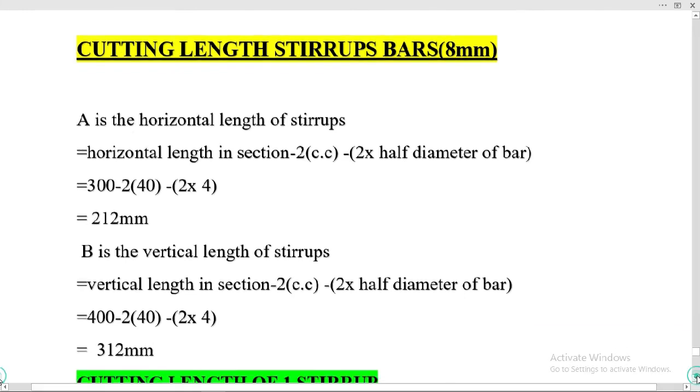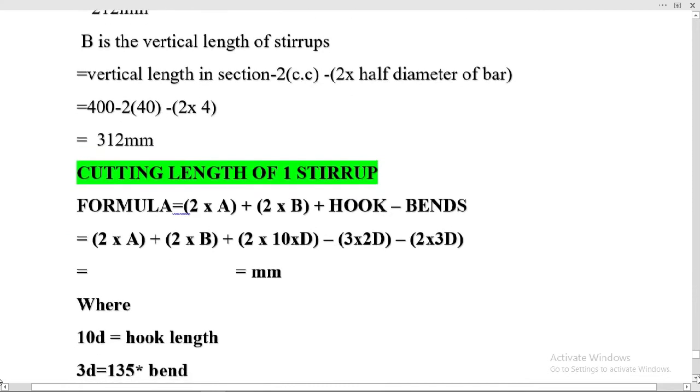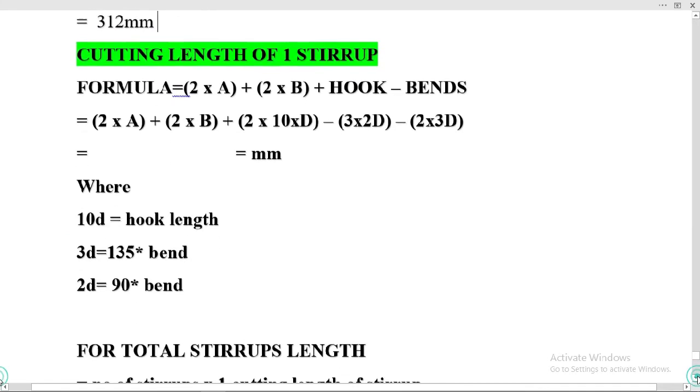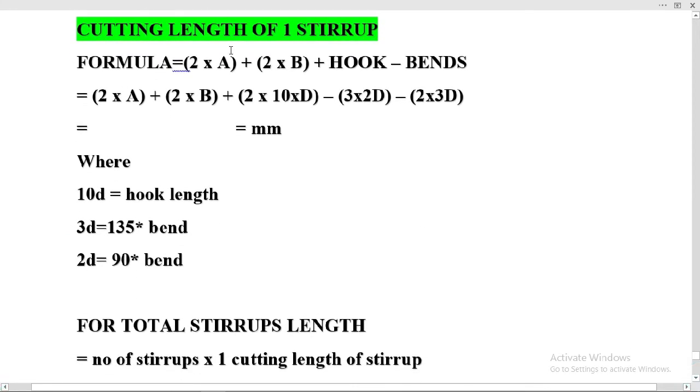We just calculated the horizontal length and vertical length of stirrup. Now calculate the cutting length required for one stirrup. Formula to calculate: 2 into A. A, you know, is the horizontal length of one stirrup, multiplied with 2 because we have 2 horizontal lengths in one stirrup, and B is the vertical length of the stirrup.